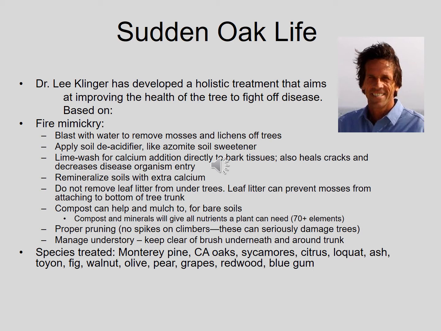You can lime wash the bark for added calcium that goes directly into the bark, and take out shrubs and things that have grown, maybe undergrowth that normally would be cleared out by fire, that have grown up under the trees. They are actually physical methods that the Phytophthora can kind of jump from. It doesn't literally jump, but with rain and wind, it can move from plant to plant and get up onto the tree. Remove those, prune the dead stuff away, and that can lead to a much healthier tree.